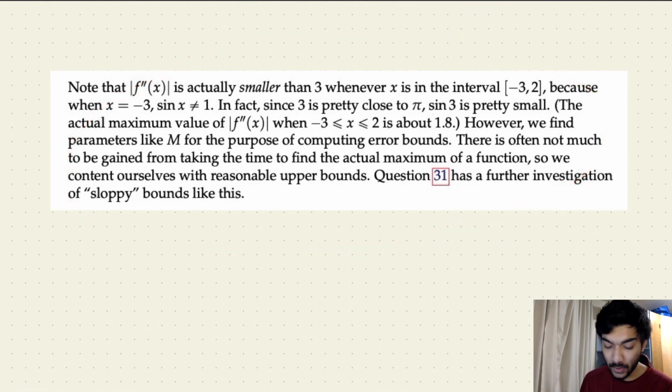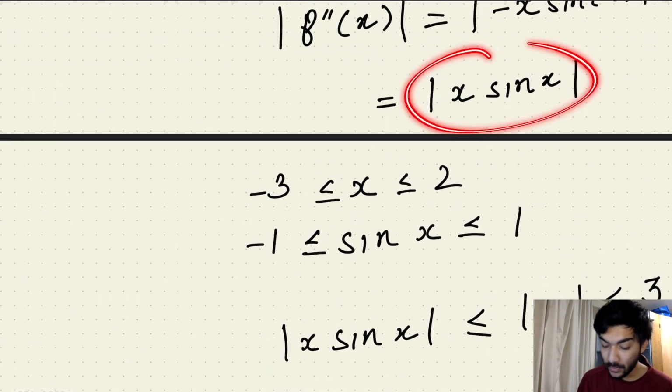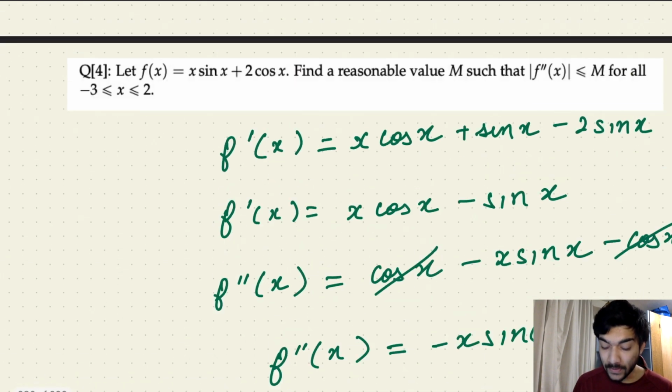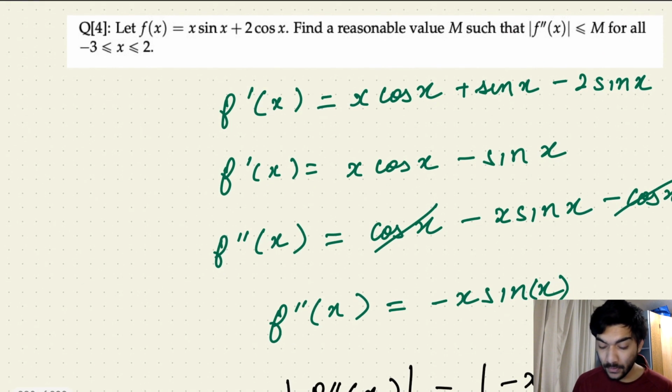This solution talks about the exact maximum value of this expression, which is 1.8, but since we had to give a reasonable value, m equals 3 is reasonable because 3 is also very close to 1.8, right? So in these types of questions, you don't have to always calculate the actual value. If you can get a reasonable value for which your inequality will hold true, that would also be your correct answer.